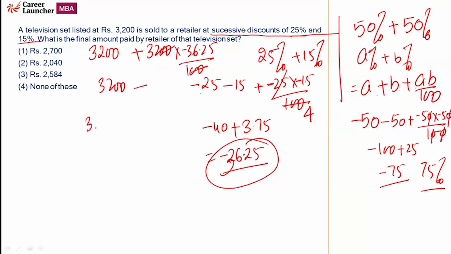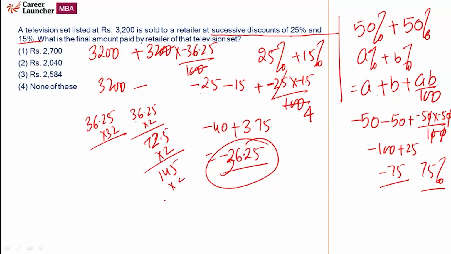So I'll multiply 36.25 with 32. तो बहुत आसान तरीका देखो, 36.25 को डबल कर लो पहला, 72.5 हो गया, फर्दर डबल इट 145 हो गया, फर्दर डबल इट 290 हो गया, फर्दर डबल इट 580 हो गया। क्या मेरी बात आपको समझ में आई?